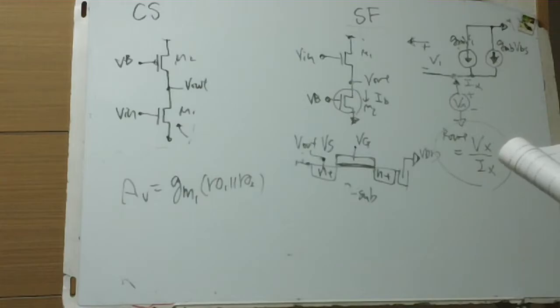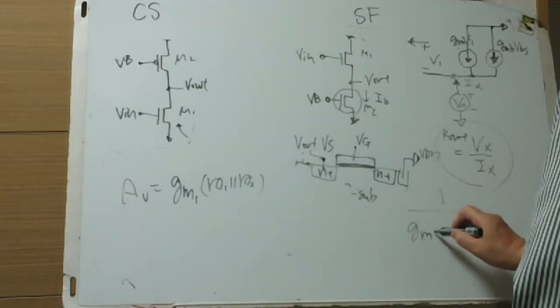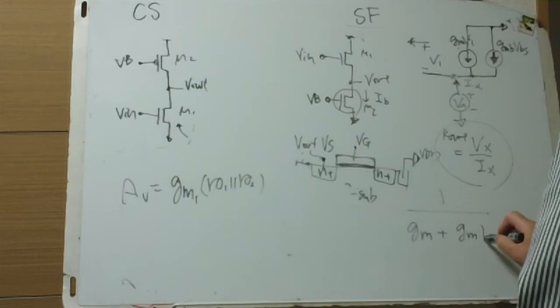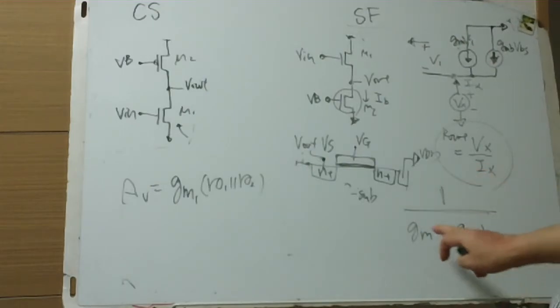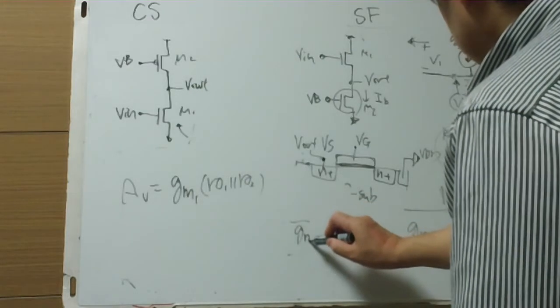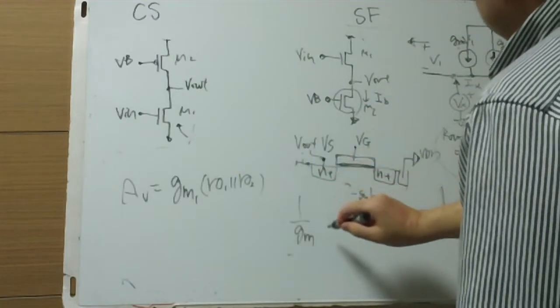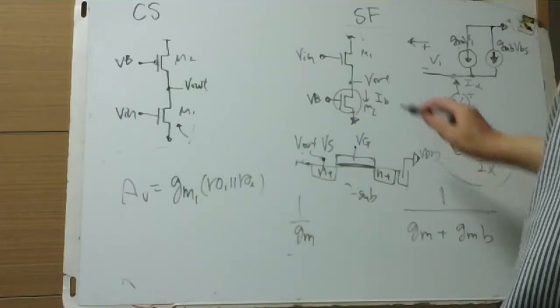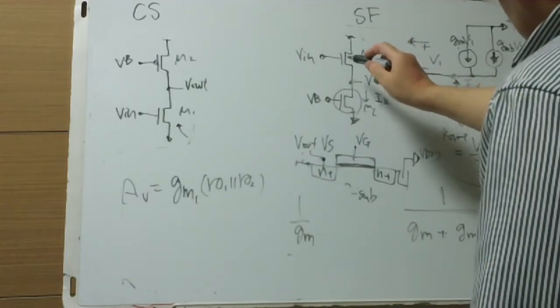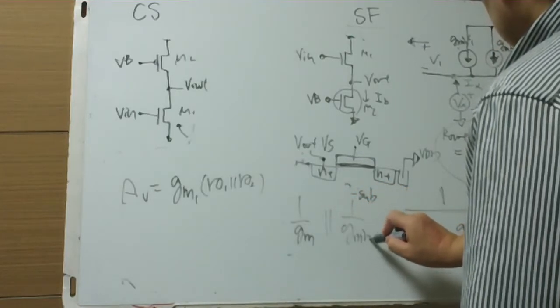Here, Rout equals 1 over gm plus gmb. Finally, two admittances are added and inverted to get Rout: 1 over gm1 as a resistance in parallel with 1 over gmb equals this.